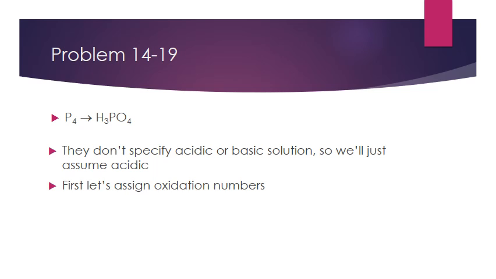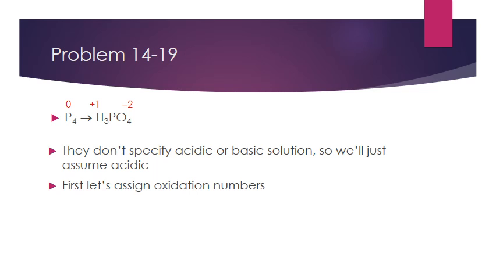So the first thing we will do is assign oxidation numbers. Phosphorus is an element, whether it's just P or P4, so that oxidation number is 0. For the products, we know oxygen's a -2, hydrogen is a +1. To figure out the phosphorus, we're going to have to do a little bit of math. We know that the sum of all the oxidation numbers in this molecule is 0 because it's neutral.